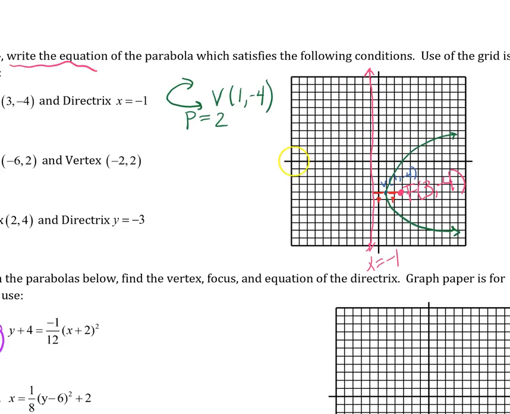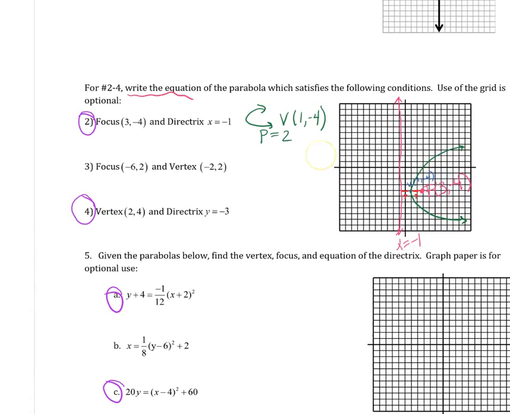Okay, so now I'm going to use the formula in the vertex form. This is going to be an x equals equation, 1/4p, and since it's opening positively, it's a positive leading coefficient, times y minus k squared plus h.